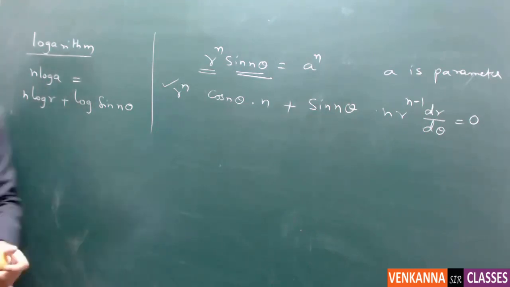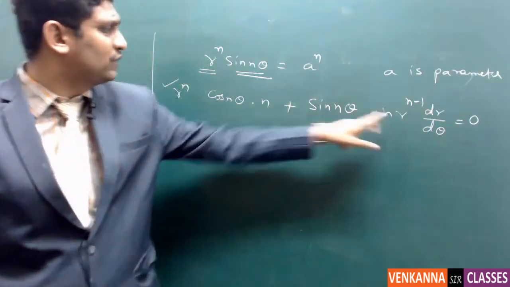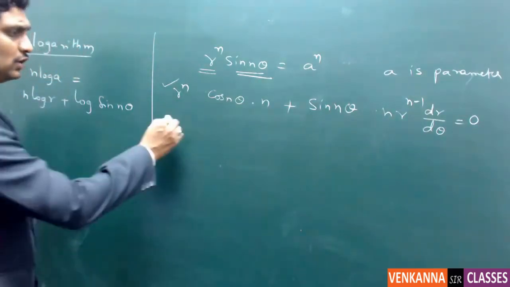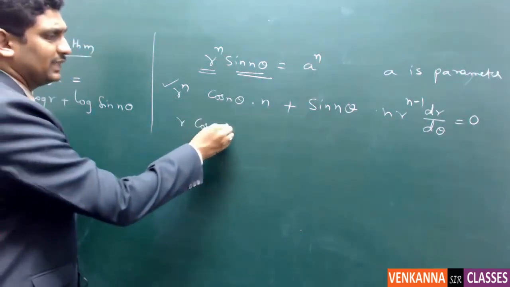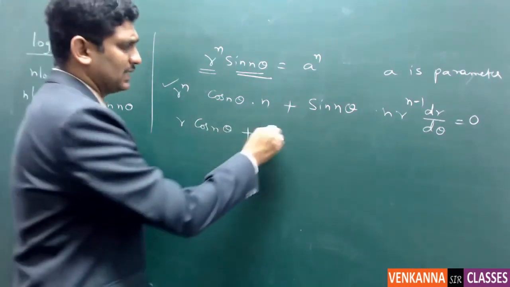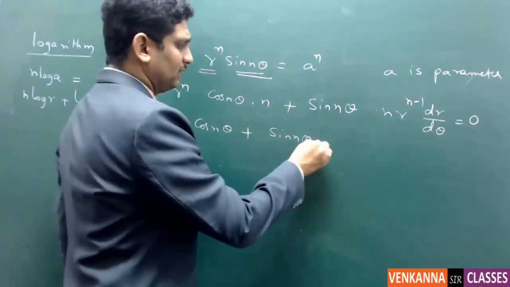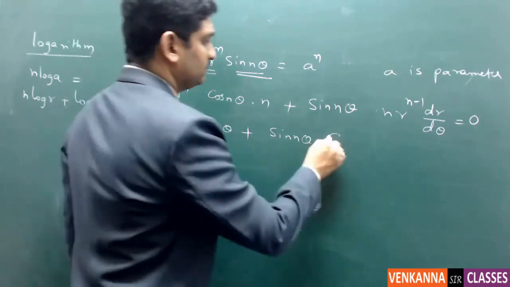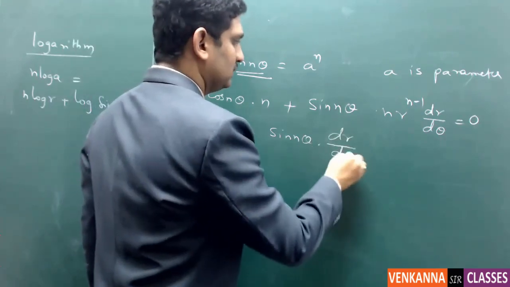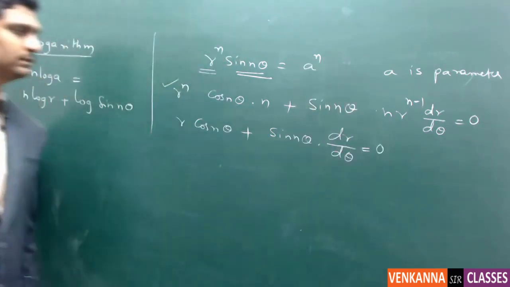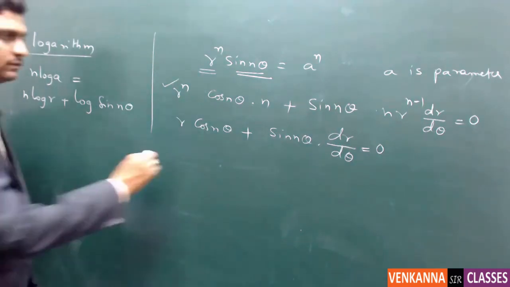So here you can cancel r power n minus 1, and also n. So r into cos n theta plus sin n theta into dr by d theta equals 0.